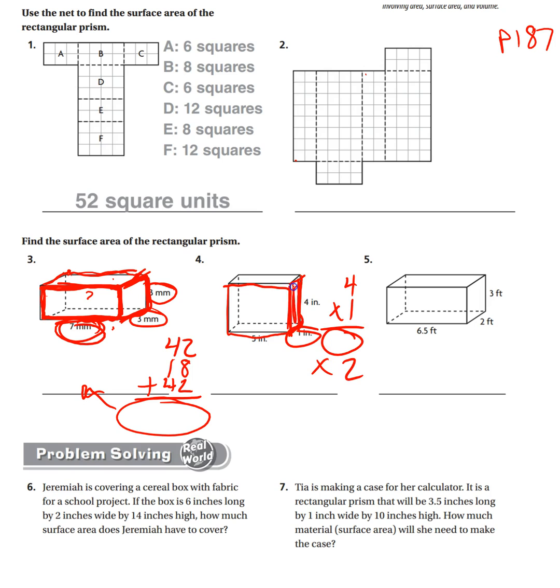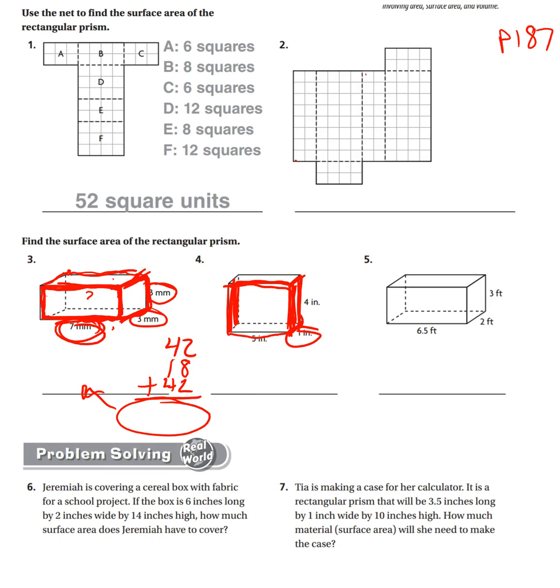Multiply it by 2 because there's a right and a left side that are the same. Okay, finally, you're going to get the top, which is 5 by 1. Get that answer, multiply it by 2, and then you're going to add those 3 final answers up to get your very final answer.